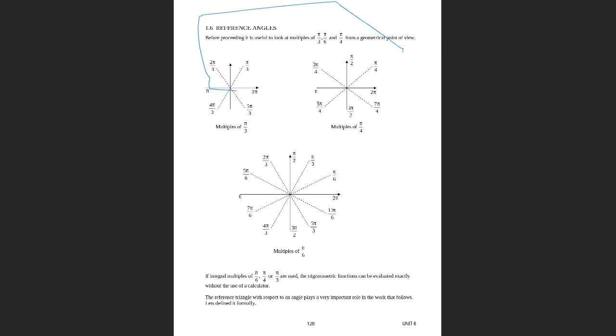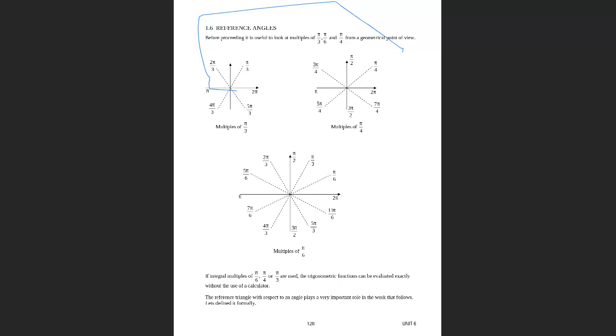You can refer to this table and pick up what I'm trying to say.